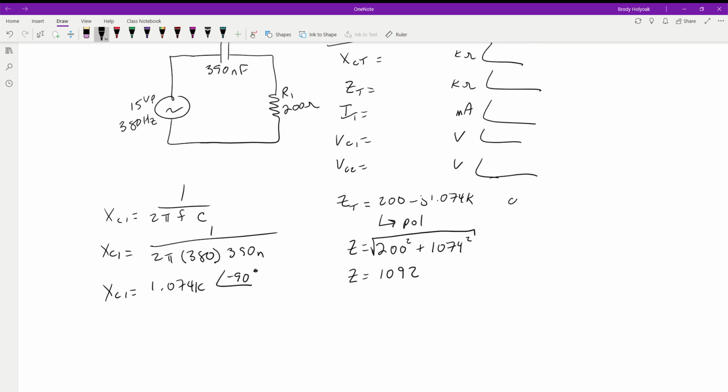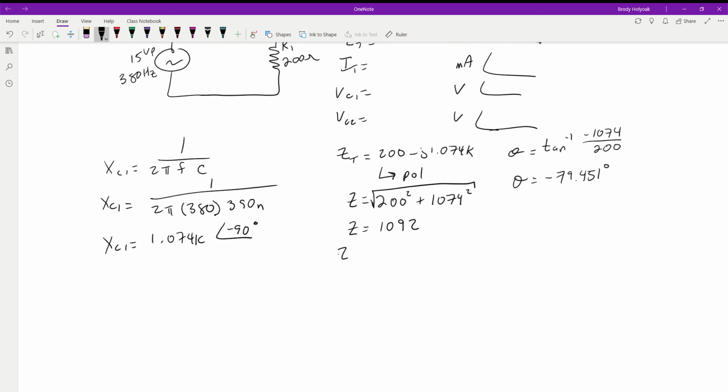The phase angle is equal to the arctangent of negative 1074 divided by 200, and our phase angle is equal to negative 79.451 degrees. So our impedance total is equal to 1092 at an angle of negative 79.451 degrees.